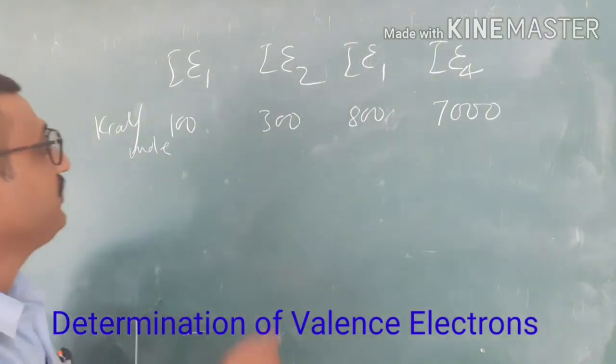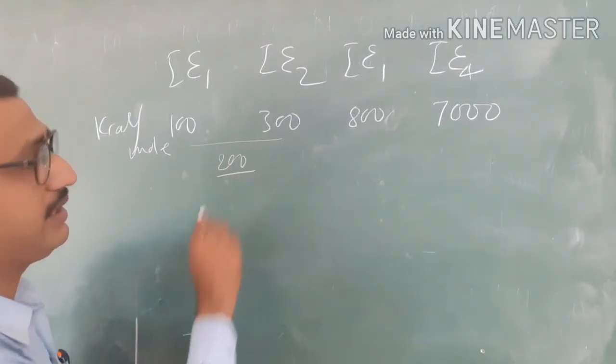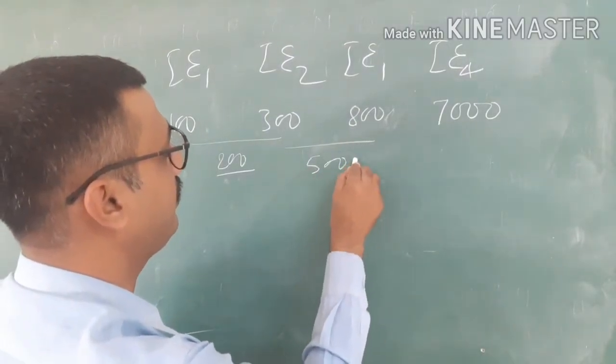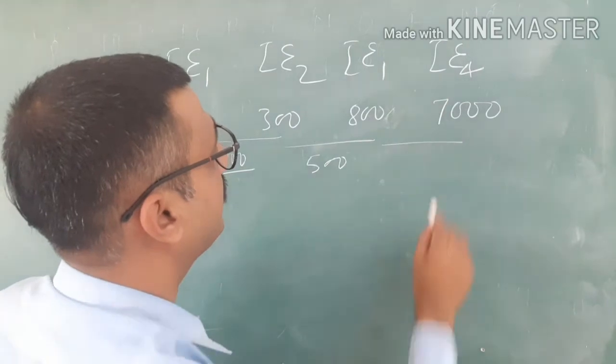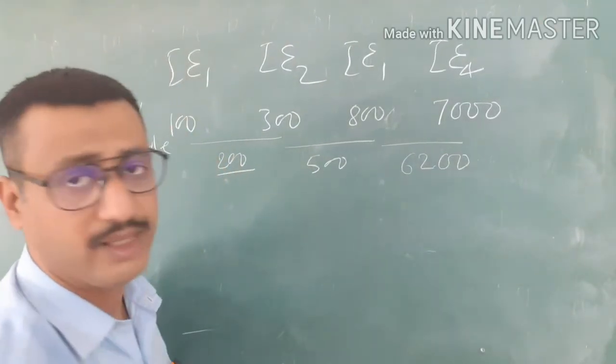So we know that here the increase is of 200 units, first and second ionization enthalpy, the difference is of 200 units. Here the difference is of 500 units. Okay, but here what we are seeing, the difference is of about 6200 kilocalorie per mole.